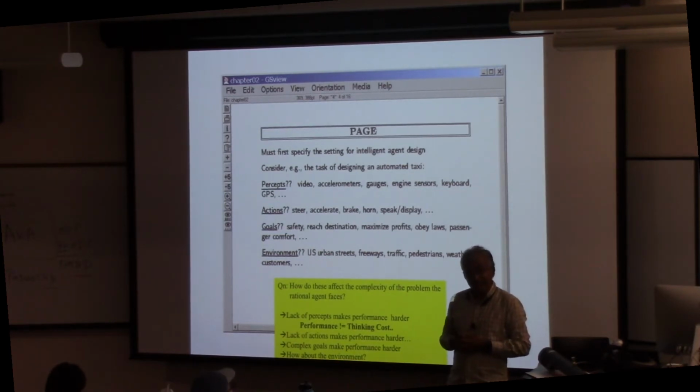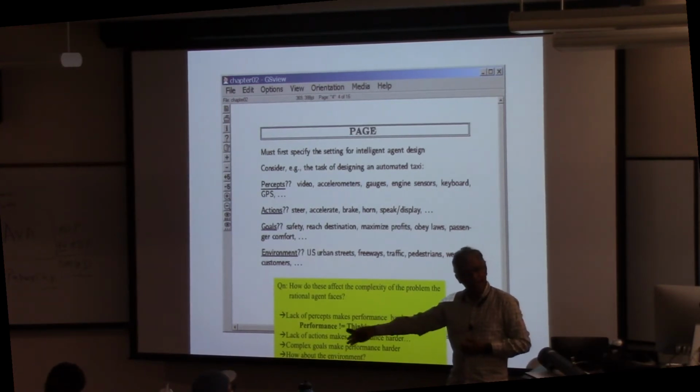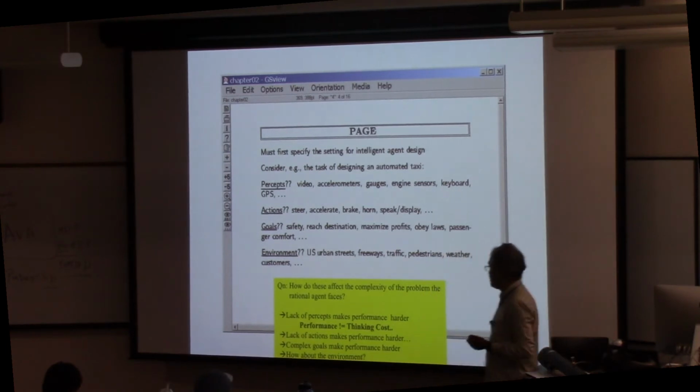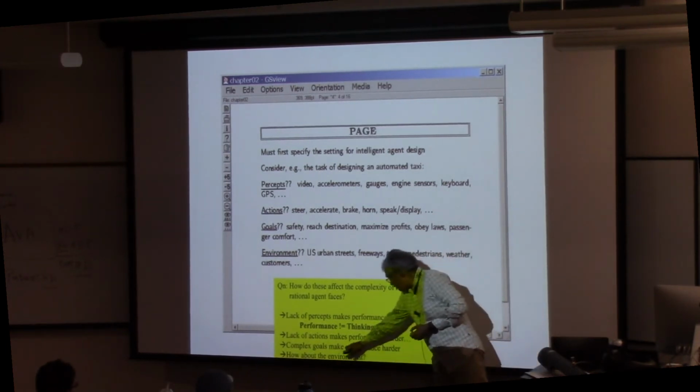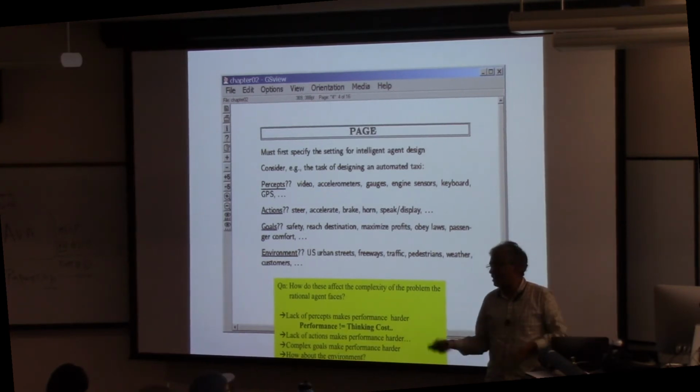If you don't take actions, then you will have an upper limit on performance compared to somebody who has actions they can take in the same environment. Similarly, complex goals make performance harder, because if you have to consider multiple, mutually conflicting trade-offs, it is hard to get high performance.